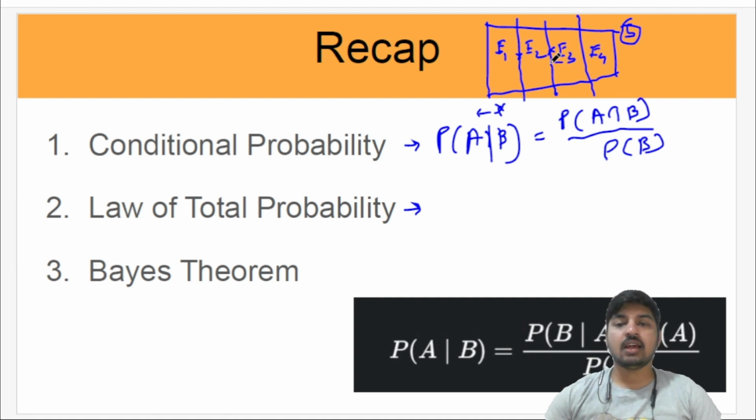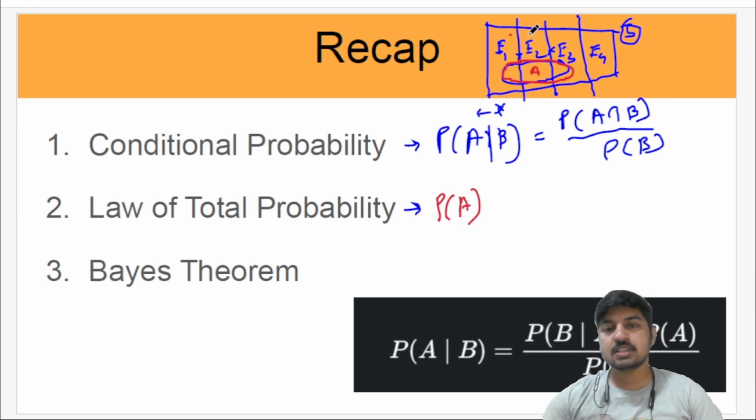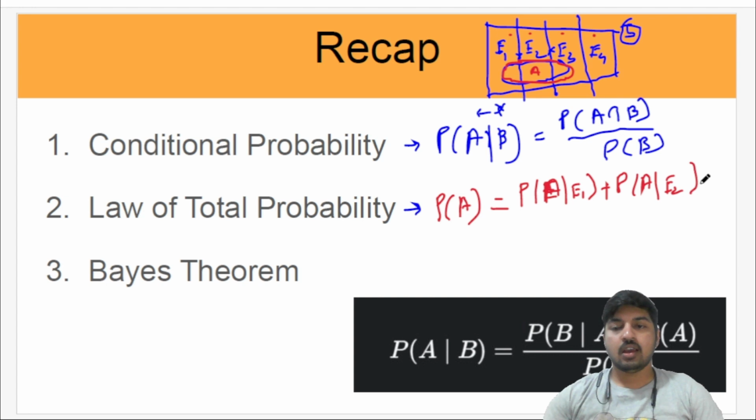Then you can have another event called A. You know the probability of the events E1 to E4, but you don't know the probability of event A. In that case, we can use the probability of A given E1 plus the probability of A given E2, and so on until the probability of A given E4.